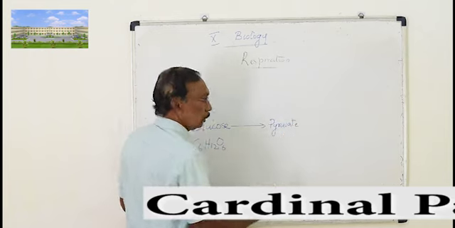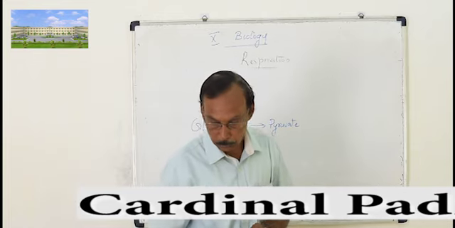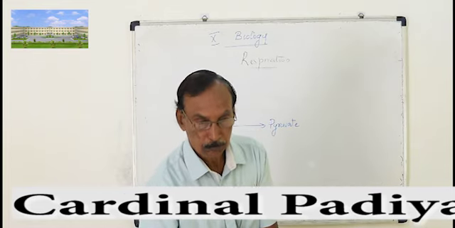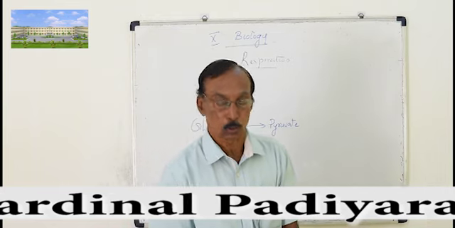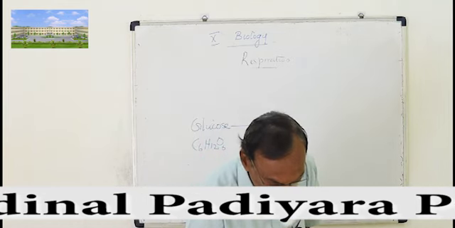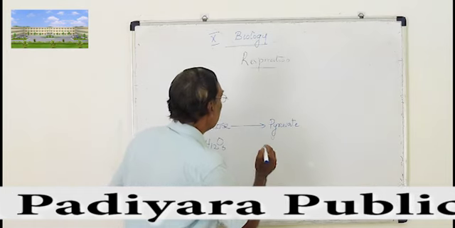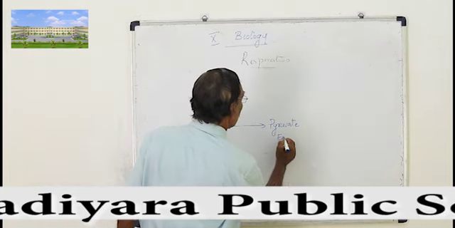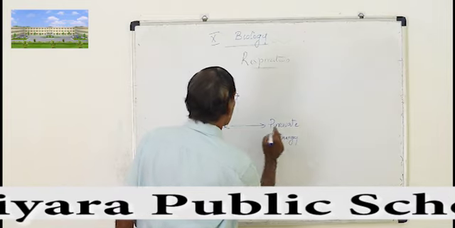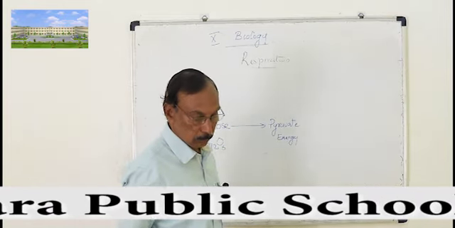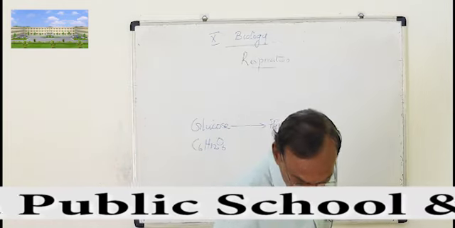The first step is that glucose is broken down into a 3 carbon compound called pyruvate, and some energy is also produced. And the second step varies in different organisms.